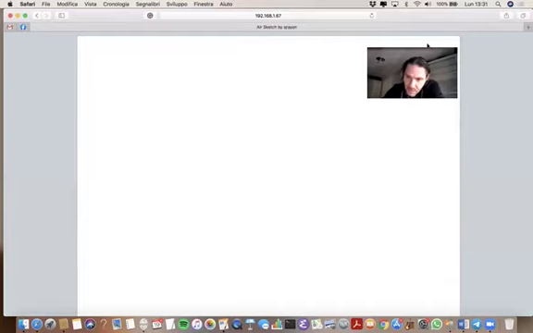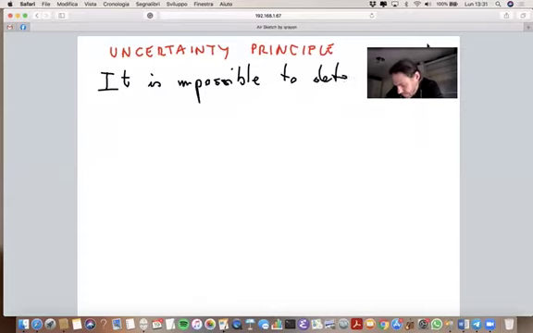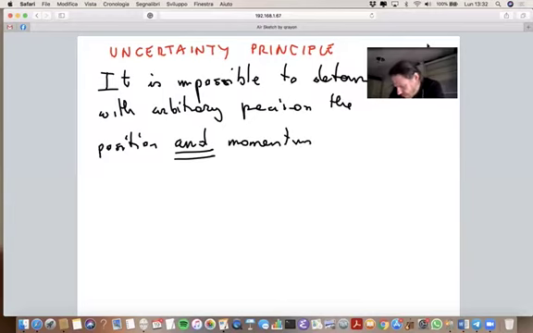So this can be summarized with the notion of the uncertainty principle, which says that it is impossible to determine with arbitrary precision the position and momentum of a particle.